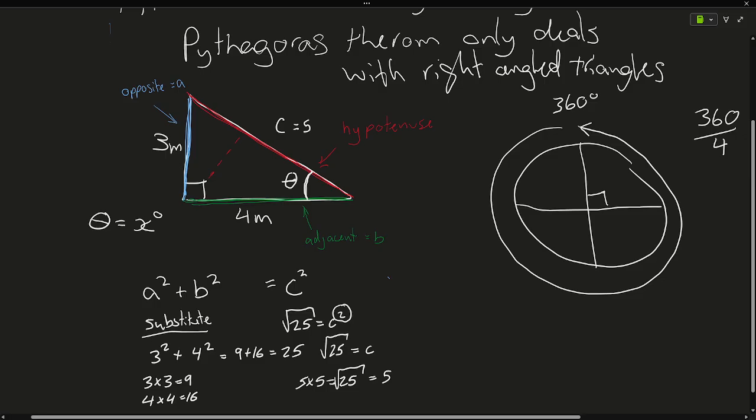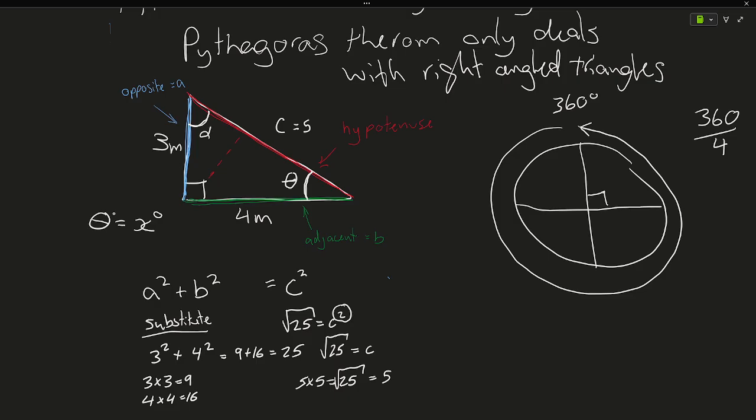So theta could equal any degree, as long as theta, and this is what you call alpha, as long as theta plus alpha equal 90, then you are dealing with a right angled triangle.